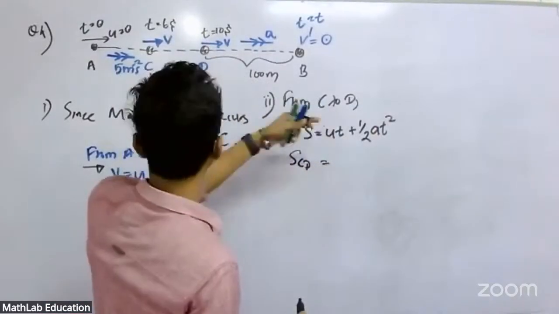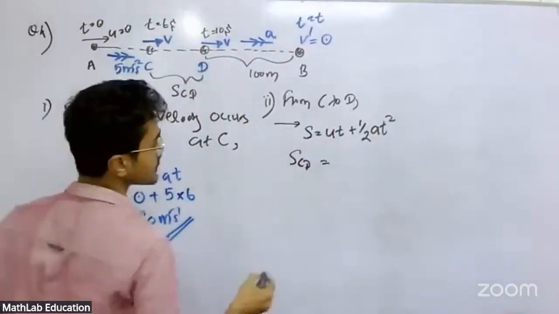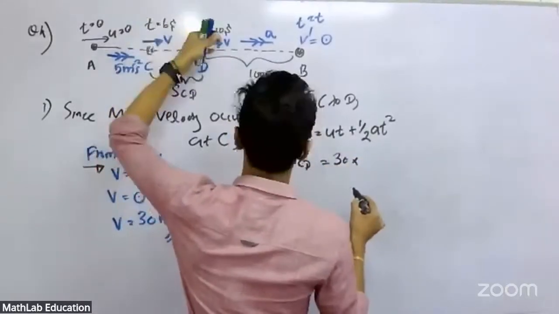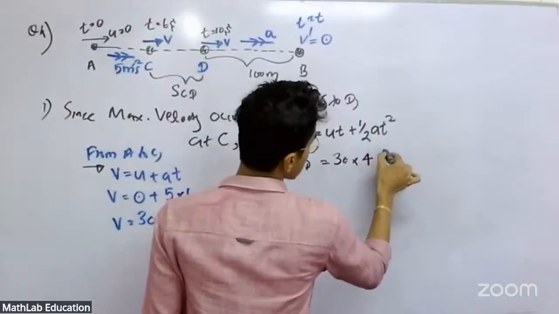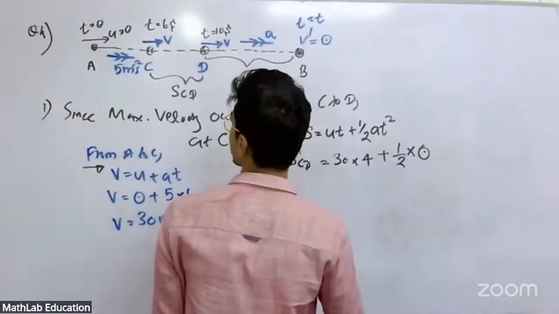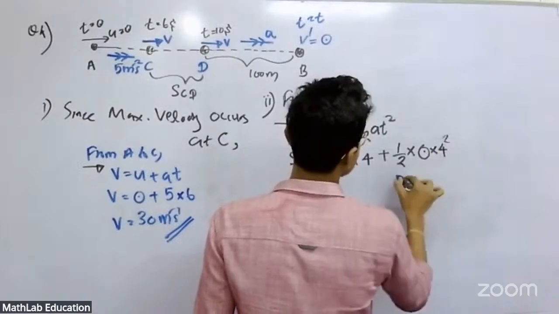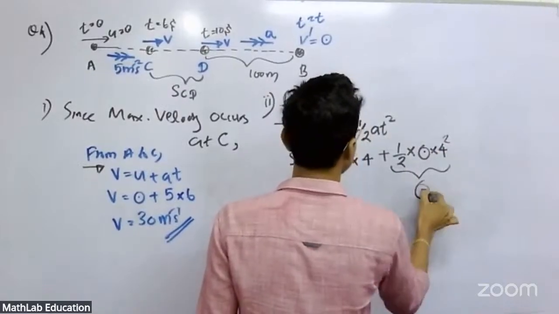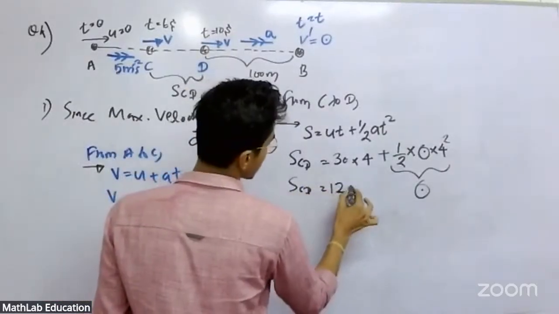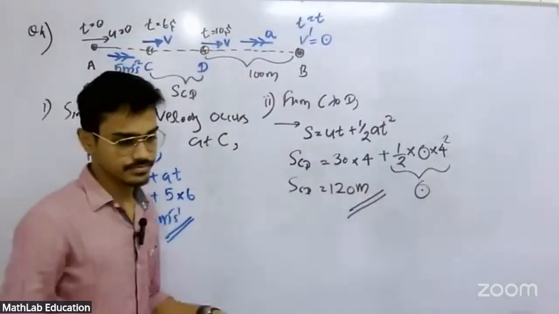And U for the CD section is V. V is 30, time duration 10 minus 6, 4 seconds, plus here half times no acceleration because it moves with uniform velocity. This entire part becomes 0 since acceleration equals 0. So CD equals 120 meters.